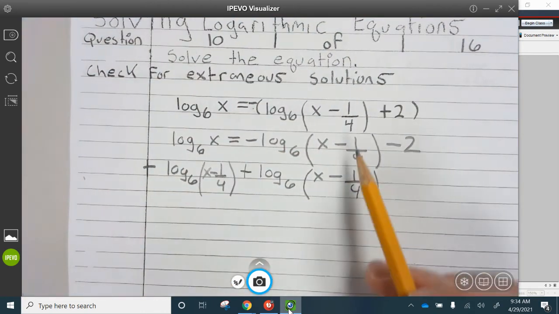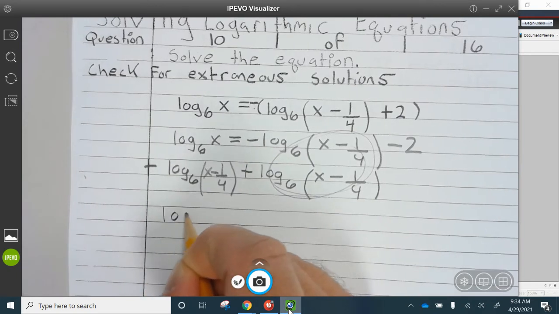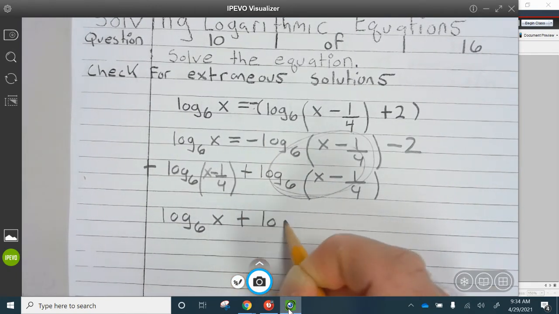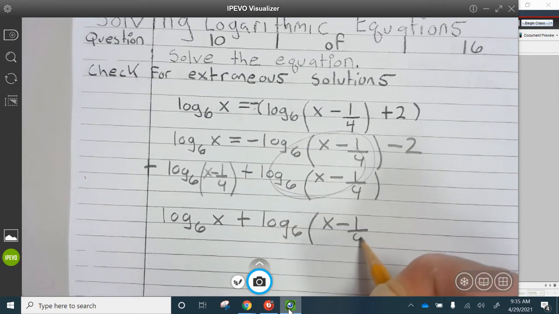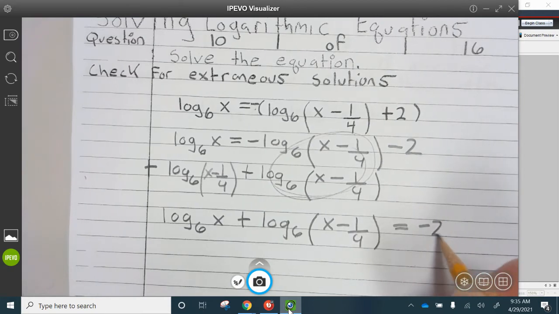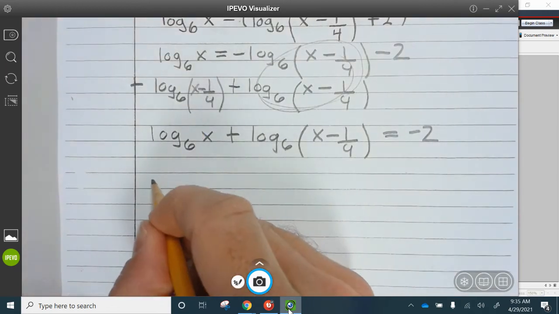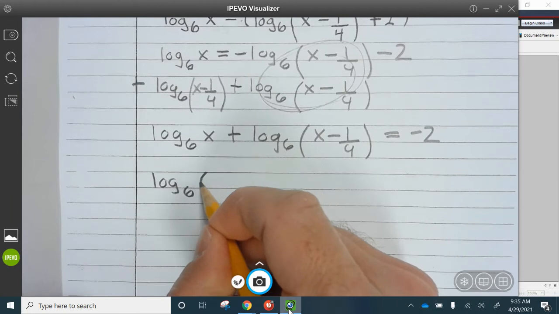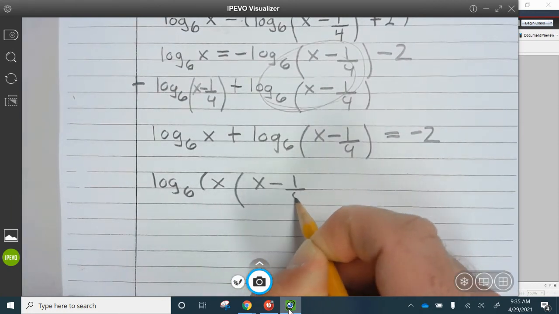Okay. Well, this becomes 0. Now we have log base 6 of x plus log base 6 of x minus 1/4 equals negative 2. Now when you add, you multiply. So this becomes log base 6 of x times x minus 1/4 equals negative 2.